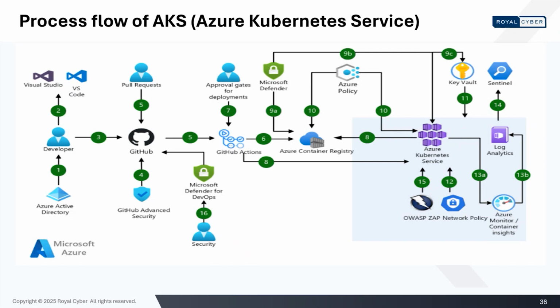Here the developer is going to develop the application and push the code into Azure DevOps or GitHub. Here we have another security: we raise pull requests to apply the changes in GitHub or Azure DevOps, and the authorized person will approve the pull requests.